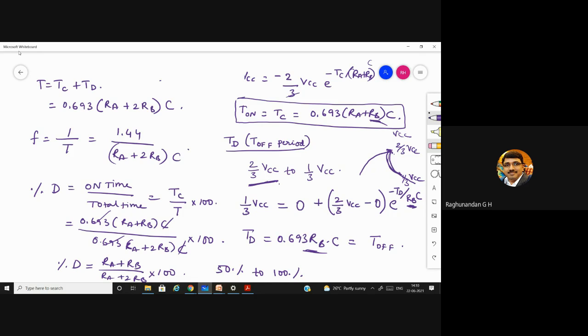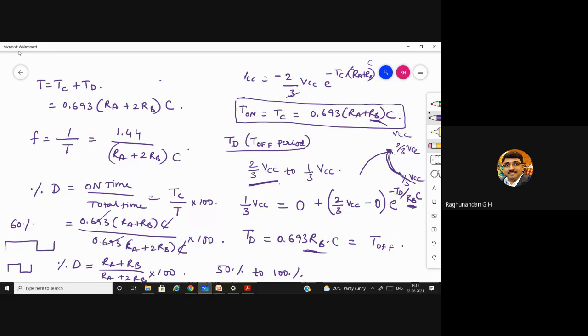If the duty cycle is 60%, that means the on time is 60% and the off time is 40%. A 50% duty cycle means it produces a square wave. So by adjusting the duty cycle values, we can get the desired waveforms.